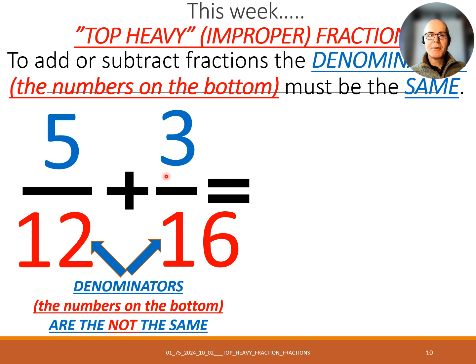As you can see, the denominators, the numbers on the bottom, are not the same. We need to have the denominators the same if we're able to add these two fractions.